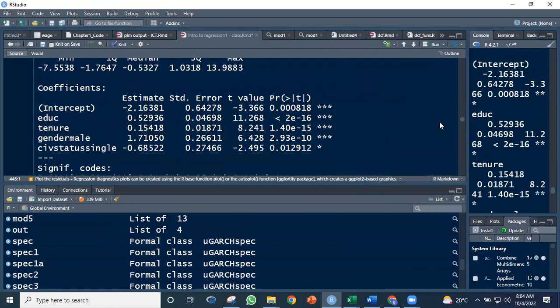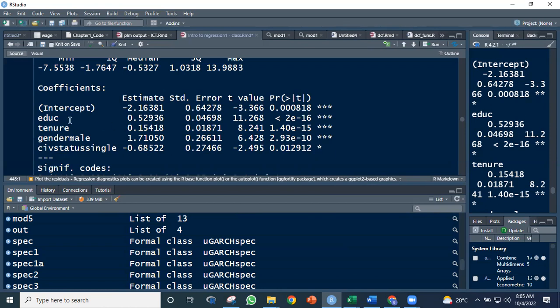Just a quick review, how do we interpret this? We said that these estimates present to us the marginal effect of your predictor, in this case education, on your outcome variable, which is hourly wage. It's the effect of a 1 unit increase in education on hourly wage.